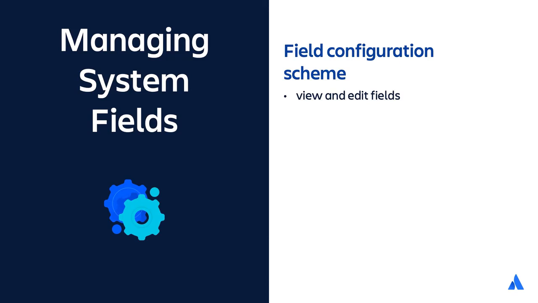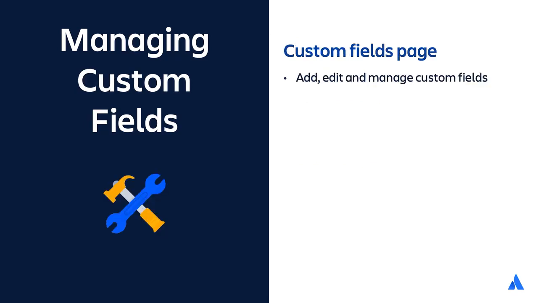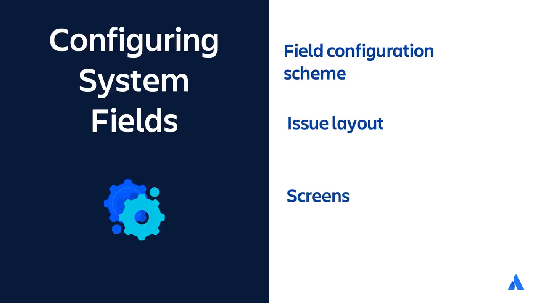As stated earlier, system fields cannot be edited to the same extent that custom fields can. If you're using Data Center, you can view a list of system fields in Jira Administration in the Systems Fields menu. There, you will see a list of system fields and the screens where they are used. Custom fields are conveniently listed and managed in the Custom Fields page in Jira Administration.